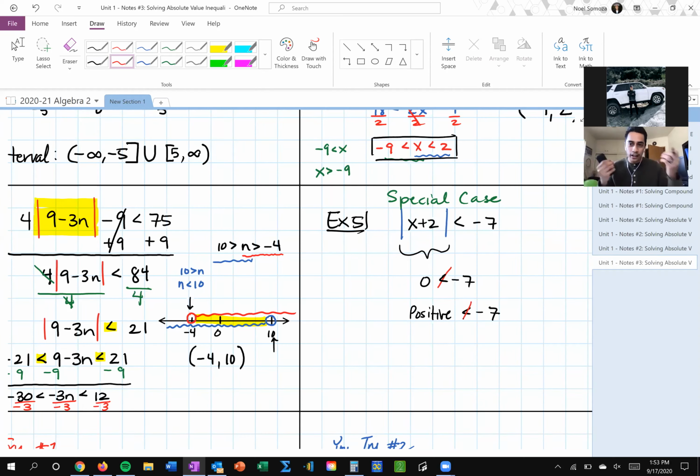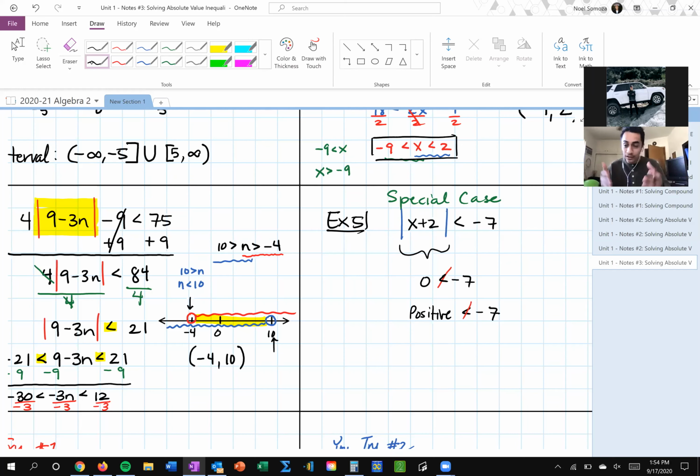So you see the connections that can be made, where a lot of absolute value equations transfers over to absolute value inequalities. Because if I'm saying I want to keep a distance less than negative 7, how does that make sense? If there was a negative on the outside, then we would have divided both sides by negative, flipped the inequality, the 7 is positive now, and then we can work from that.